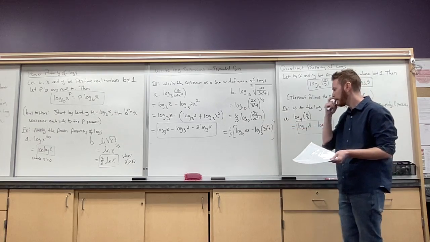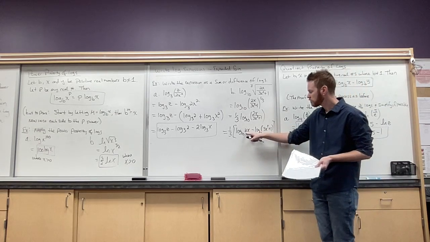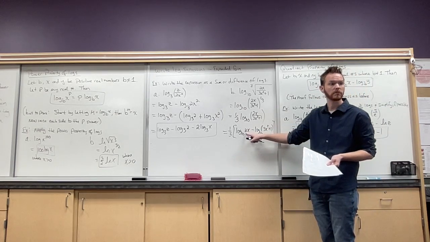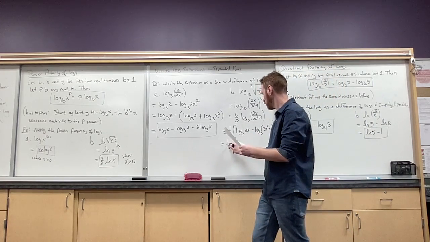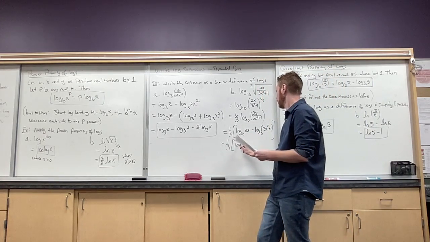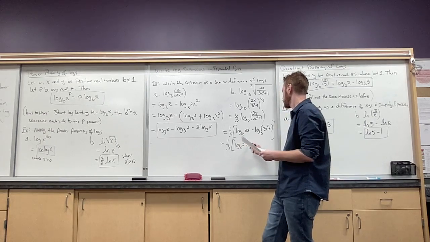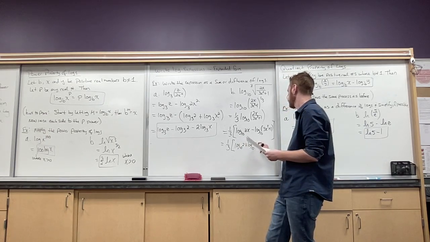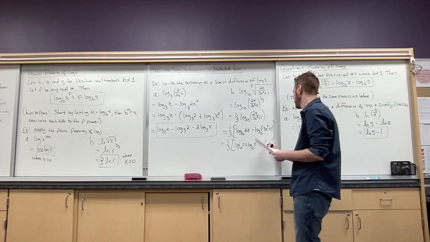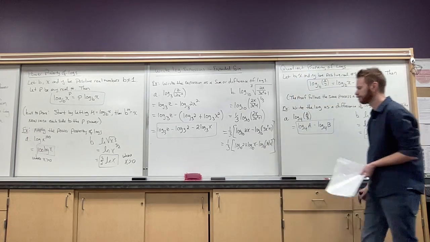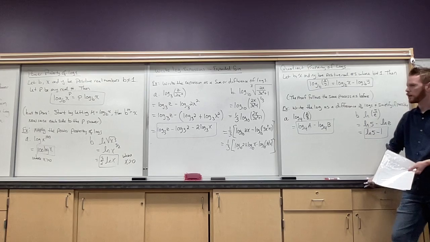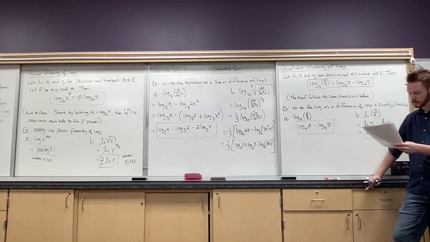So that's done. But this 2x, can I break that apart? Multiplication, right? 2 times x. So let's do that next. So we get 1/3 times log base 10 of 2 plus log base 10 of x minus log base 10 of (3x squared plus 1). Okay, so I used the product property for that one.